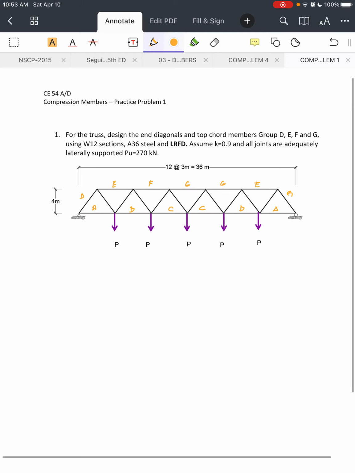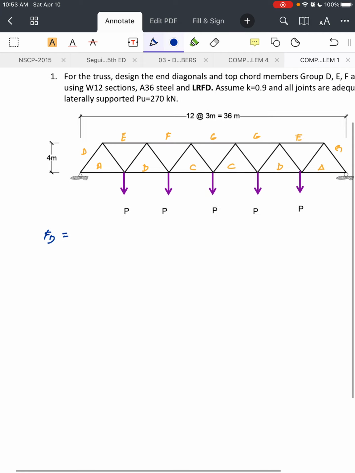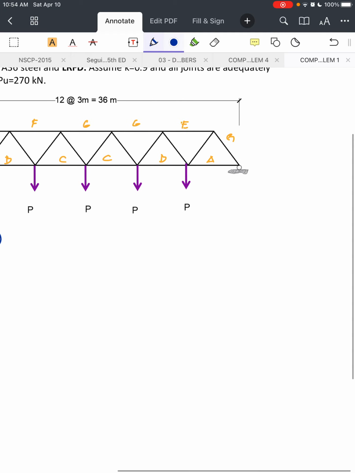Okay? So I will not discuss how to compute the internal forces of these members, but I will just write the maximum forces for all of the groups. So for FD, we have 5 over 4 times 675. Remember, our R that we have computed last time is equal to 675 kilonewton, right?